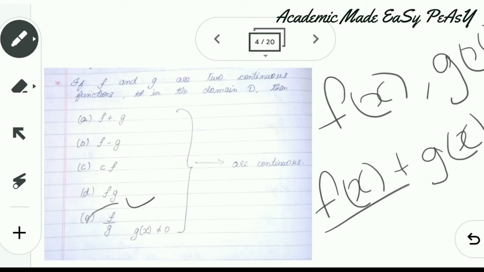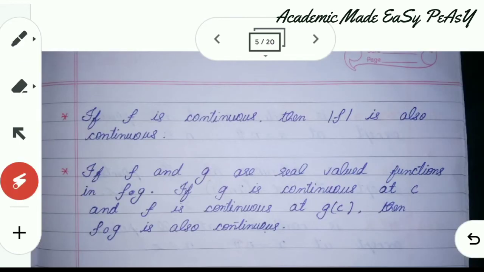Then f into g, that is a multiplication of two continuous functions, is always continuous. And the division of two continuous functions is also continuous, they are saying. Next, if f is continuous, then mod of f is also continuous. That is, any modulus function is also continuous.